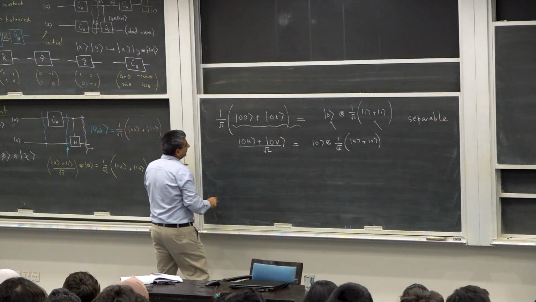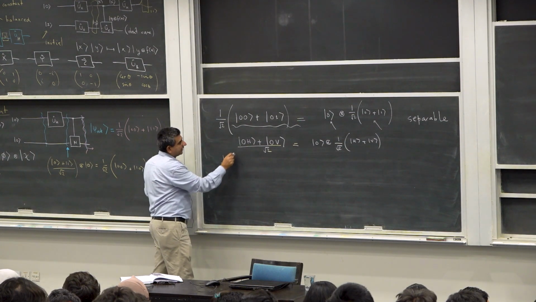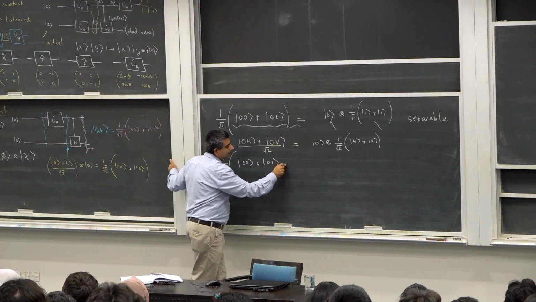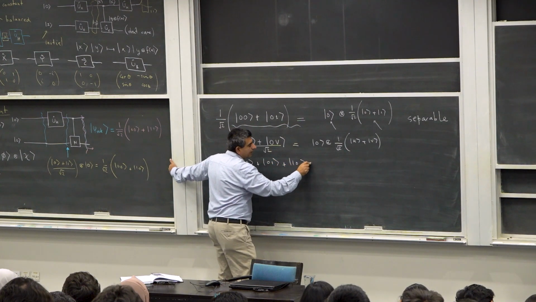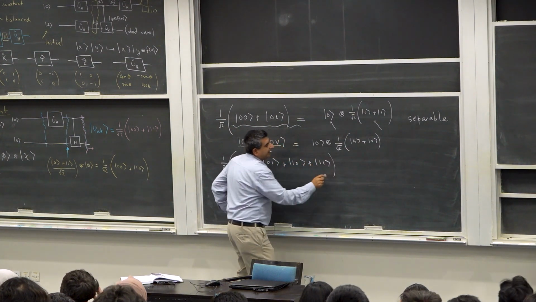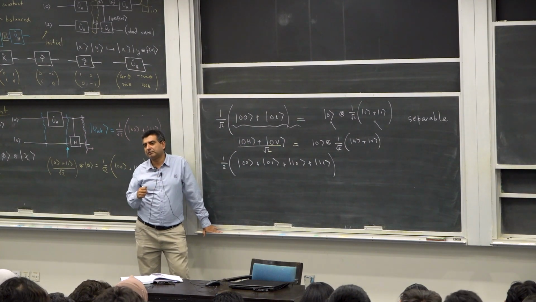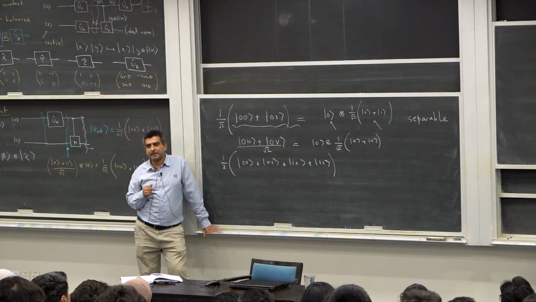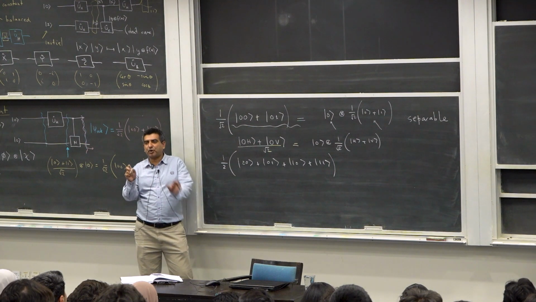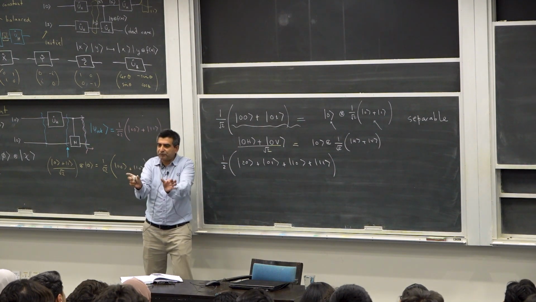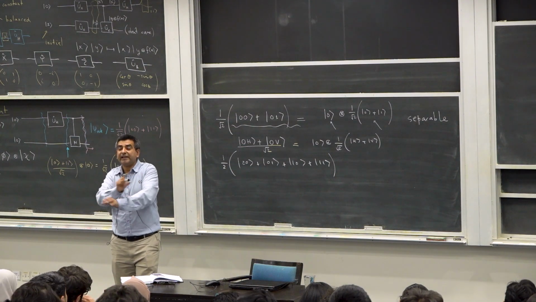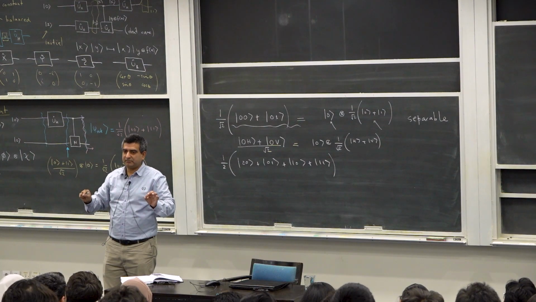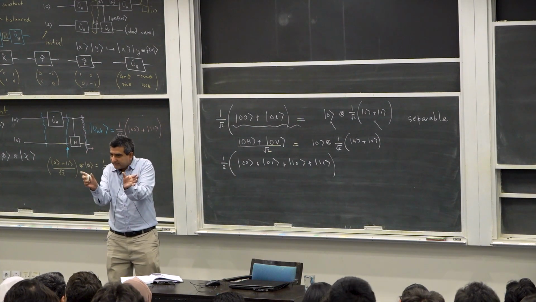What about if I were to take a state ket 0 0 plus ket 0 1 plus ket 1 0 plus ket 1 1? Is this entangled or separable? Can I write this as a tensor product of two kets? If I am able to write this as a tensor product of two kets, this is not an entangled state, rather it's a separable state. Can I write this as a tensor product of two kets?